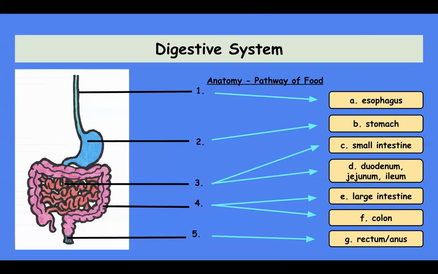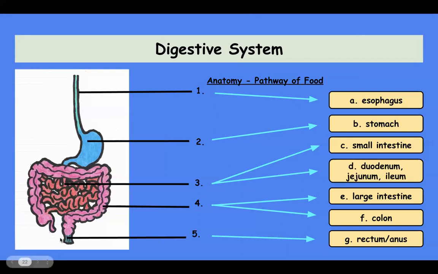And then the ileum is going to connect to our large intestine. An important fact to note is that the large intestine and the colon are synonyms. They mean the exact same thing. So you can use those words interchangeably. So that's why number 4 was kind of like a trick question too.